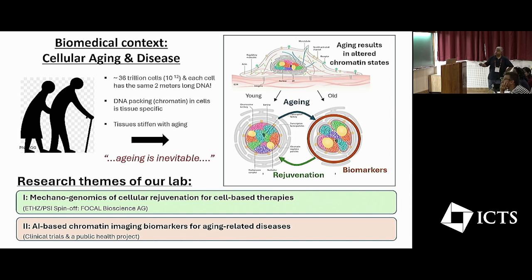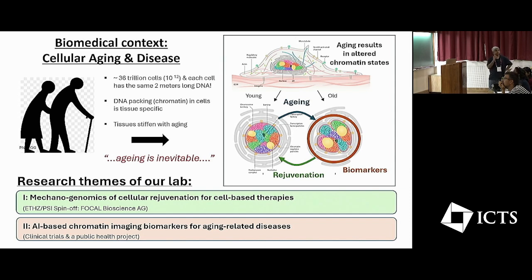So what we are interested in is understanding how this chromatin organization that you all study so much changes during aging. And can we think of ways to push it back through non-genetic mechanical routes for rejuvenating aging cells? And the other side, what I'll talk about today, is the subtle changes that happen to the chromatin.